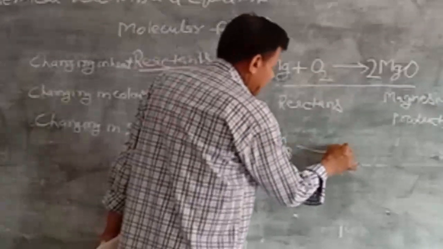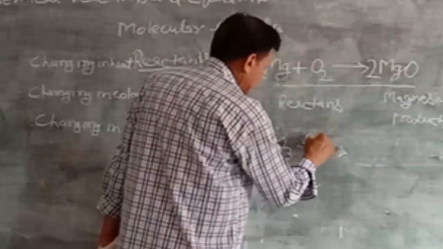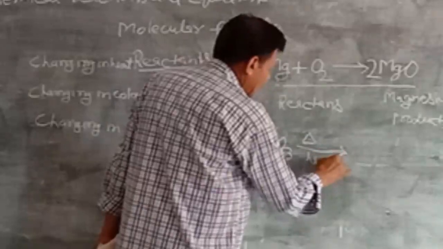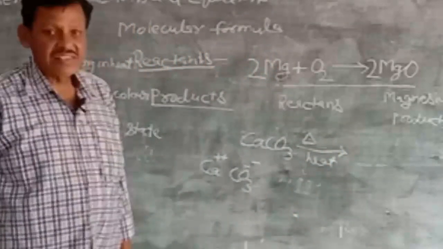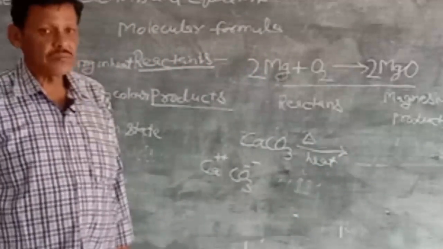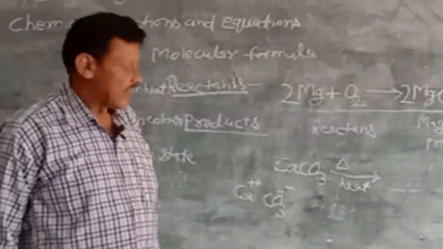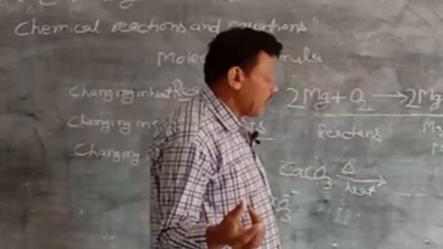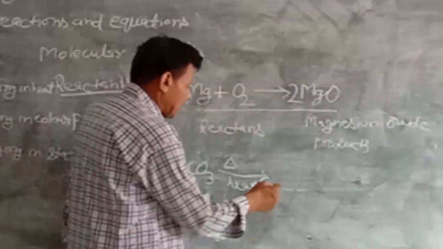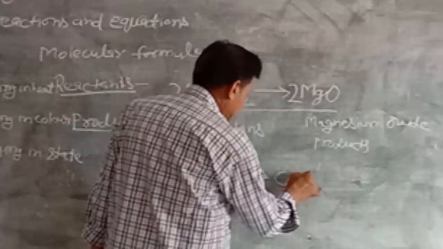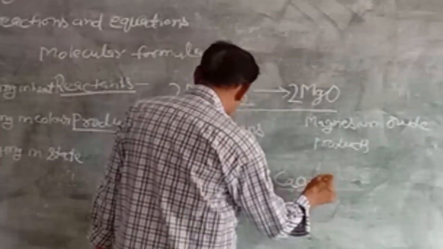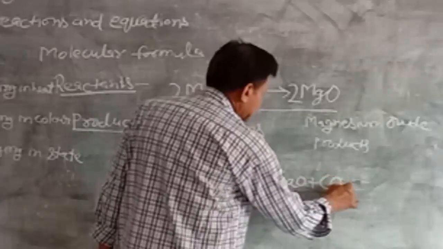We heat calcium carbonate, then calcium carbonate splits into smaller substances, calcium oxide CaO plus CO2.